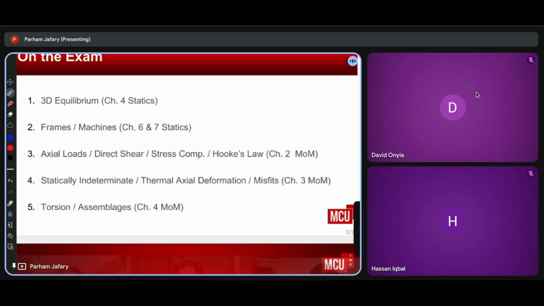Yeah. So you have sigma F of x equal to 0, sigma F of y equal to 0, and sigma M around any point, let's say, equal to 0. So which one would you start first?